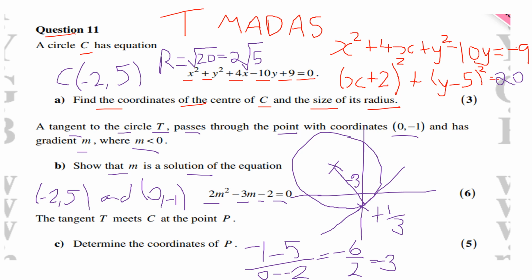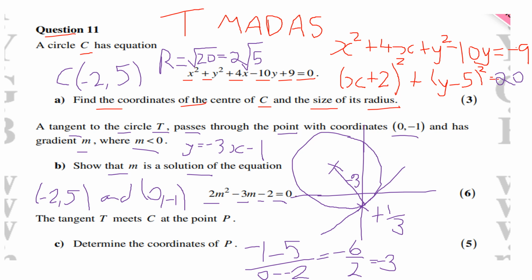So our equation will have to be y is equal to minus 3x minus 1.